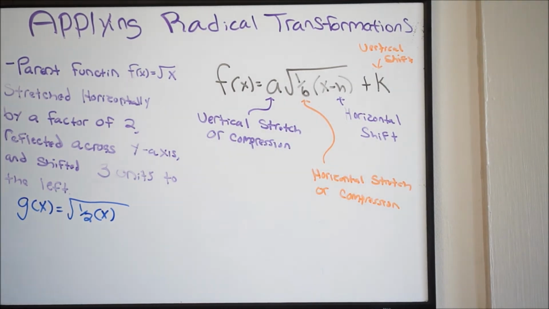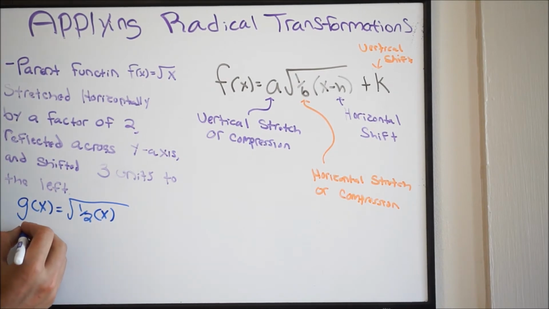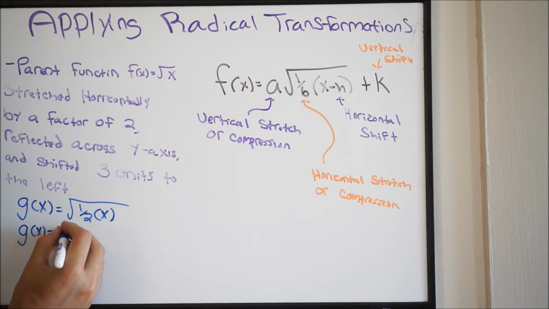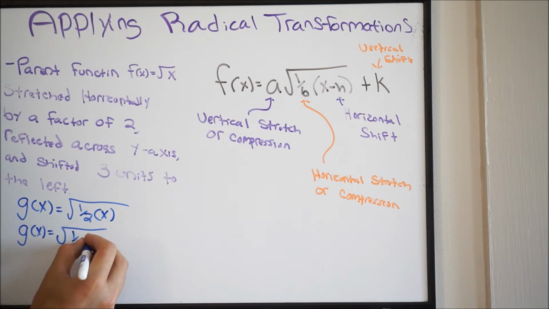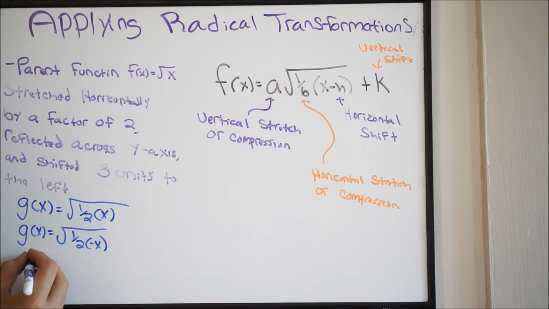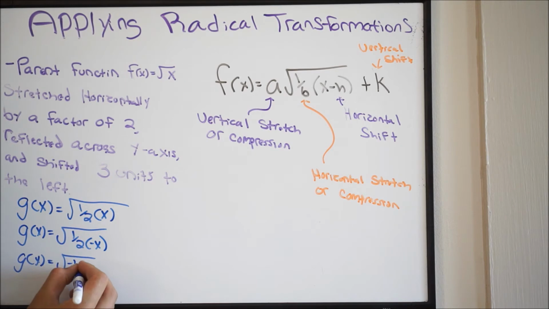So that's what we're going to do here. So I get 1/2, then times negative x, and then let's just multiply that out. So we get the square root of negative 1/2 x. Alright, so that is where we're at so far.